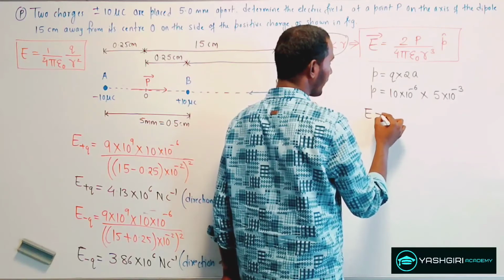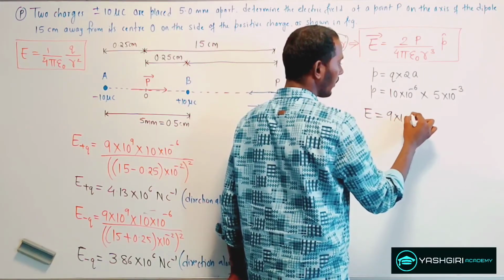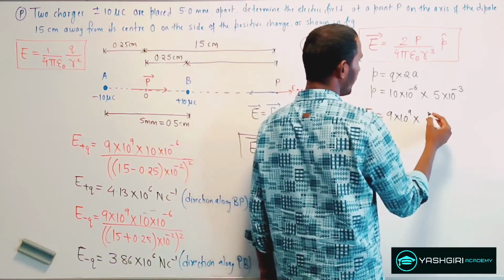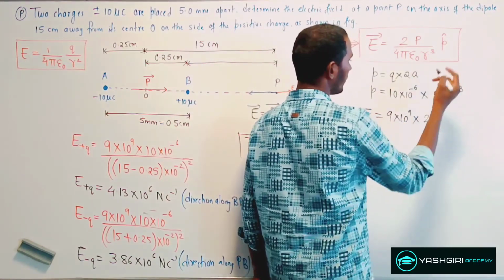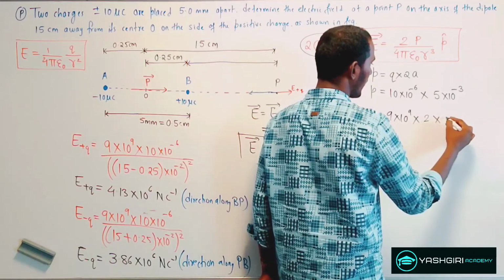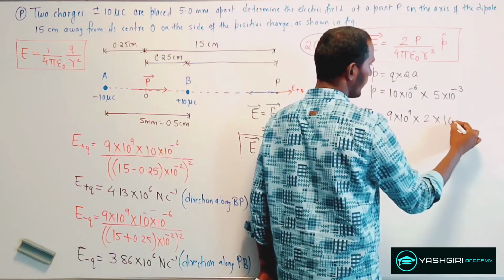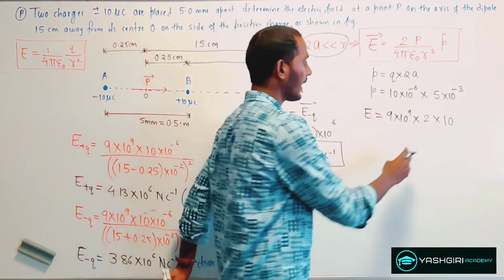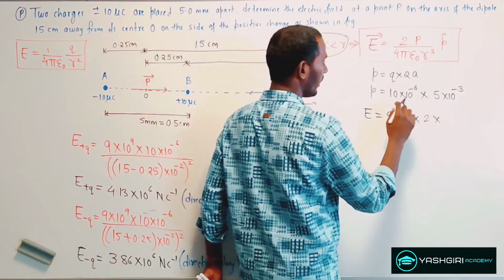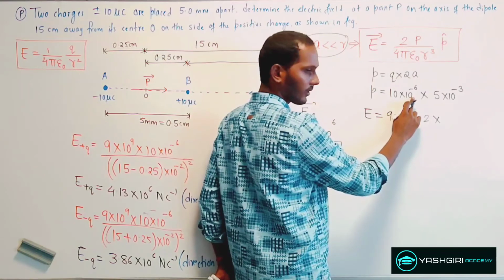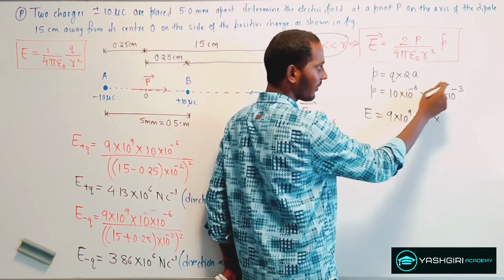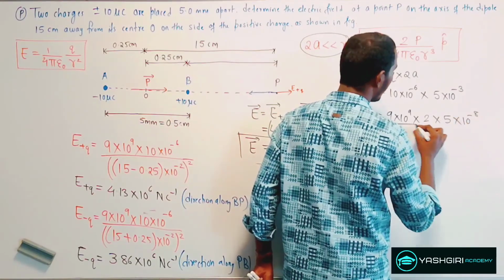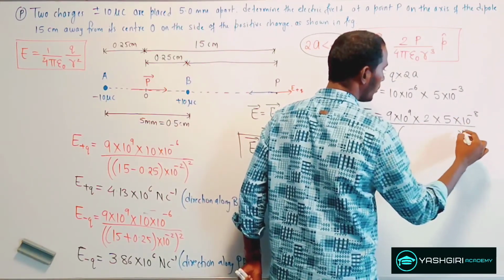Here you have an electric field 9 into 10 to the power 9 into twice the dipole moment. So the dipole moment is 10 into 10 raised to minus 6, which gives 10 raised to minus 5, and 5 into 10 raised to minus 8, divided by r cube.